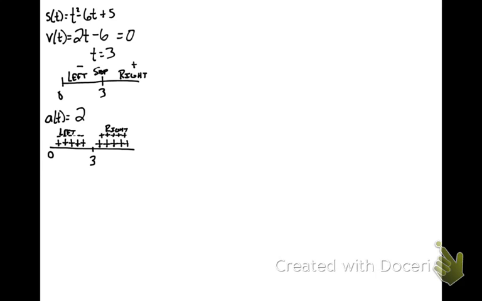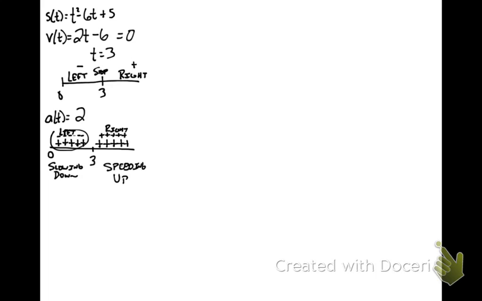And we can see just by the way these things match up that in this area the motion is slowing down because the acceleration and velocity are working against one another. And after 3 the particle would be speeding up because they'd be working together, both in the same direction. So there we know something about motion.